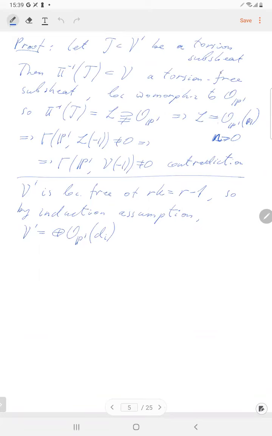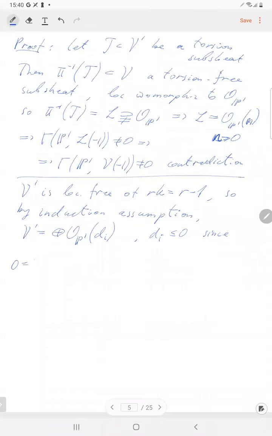So where are we? We know that the quotient sheaf has this decomposition into line bundles by induction, and we know that all those summands are non-positive, since we know that there are no global sections.